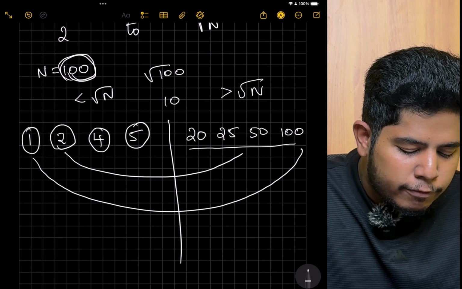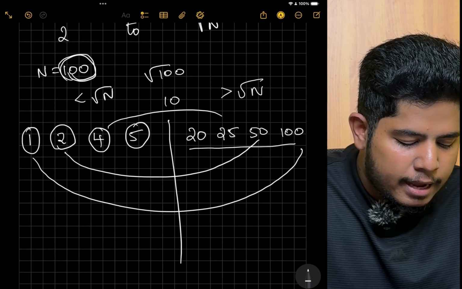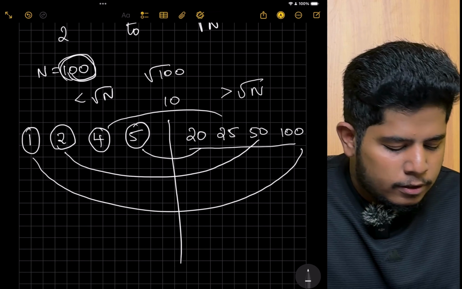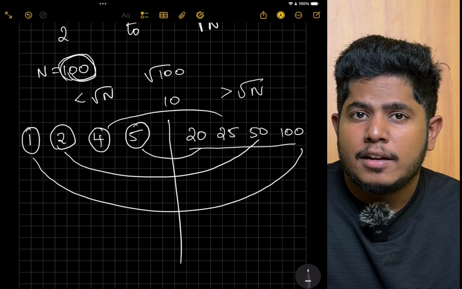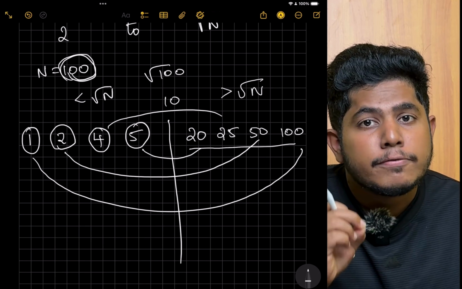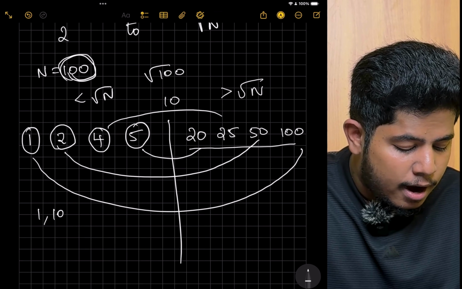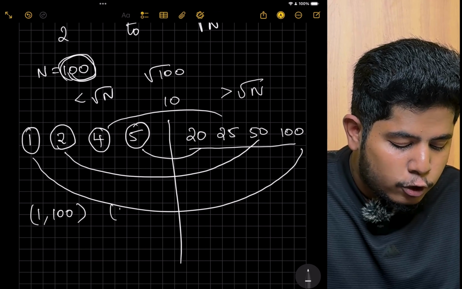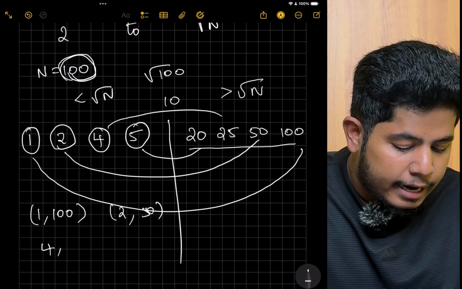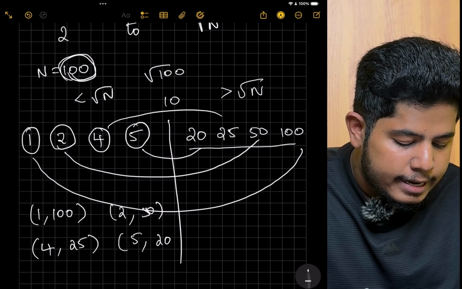Then 2 and 50 is a pair. 4 and 25 is a pair and 5 and 20 is a pair. So every factor actually exists as a pair. That is the first observation that we have. So 1 and 100 are a pair, then 2 and 50 is a pair, then 4 and 25 is a pair, and 5 and 20 is a pair.